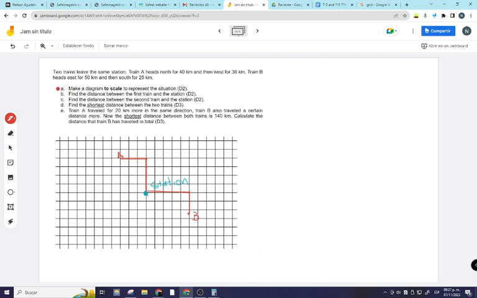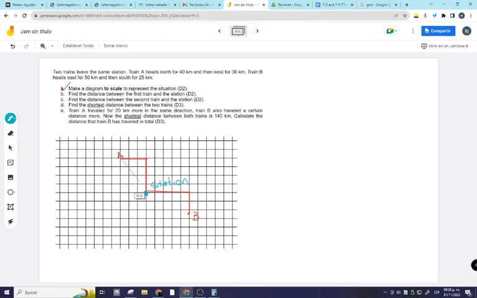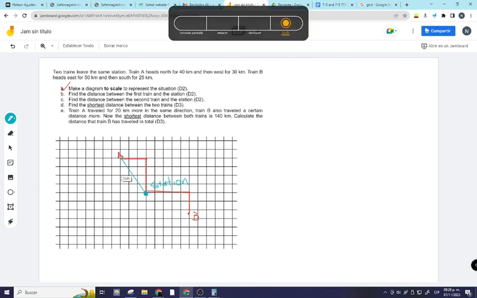We already did A. Now we have to find the distance between the first train and the station. The shortest distance is always a straight line. So we want to find the straight line between here and here.